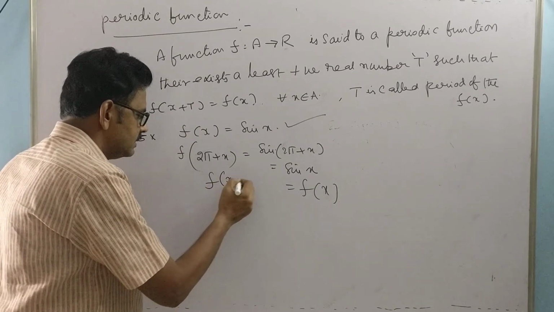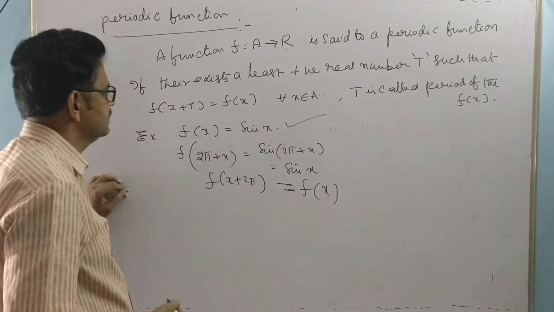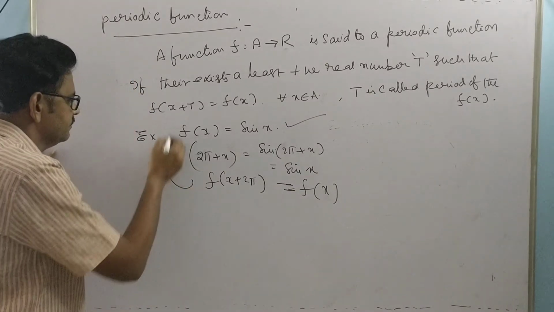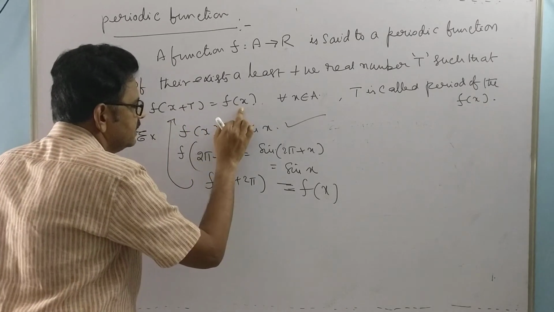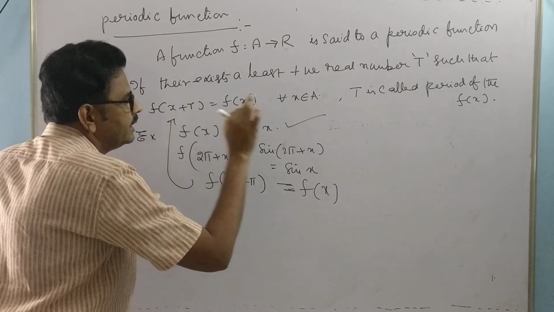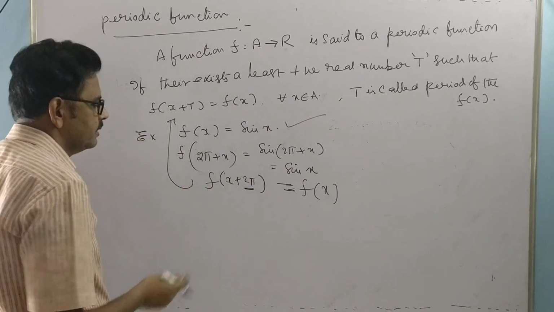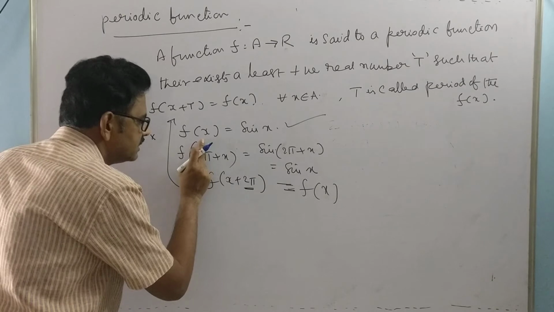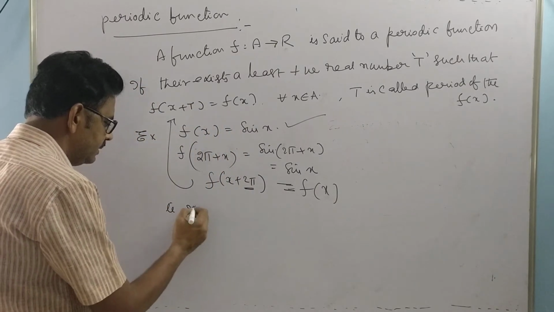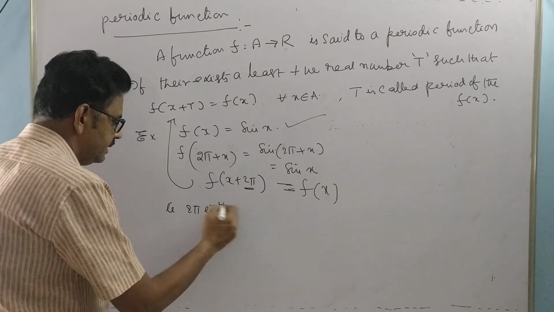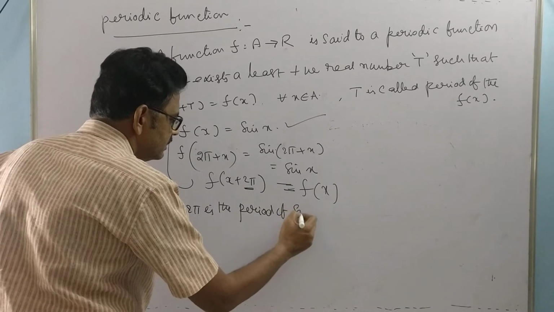Therefore f of x plus 2 pi is equal to f of x. See the definition: f of x plus t is equal to f of x, then t is called the period of the function f of x. Here 2 pi is the period of f of x equal to sin x. That is, 2 pi is the period of sin x.